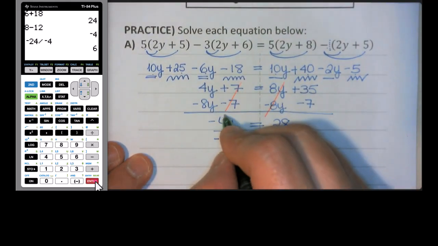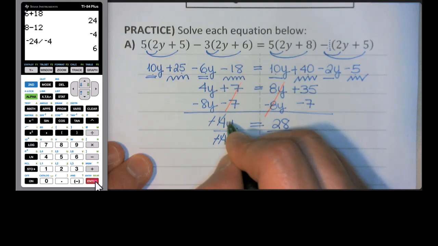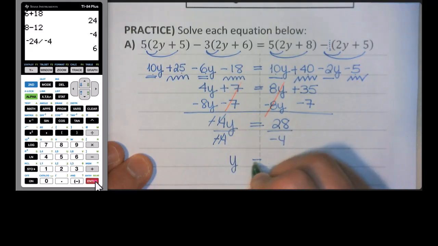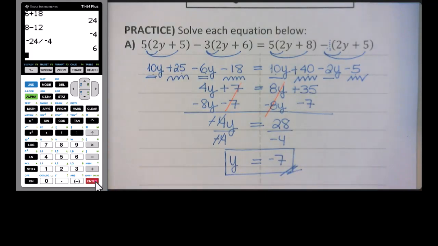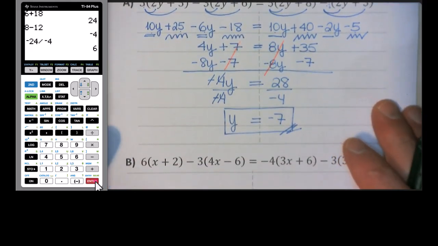And if you notice, the 4 cancels, the negative cancels, you're left with y. And 28 divided by negative 4 is negative 7. So that's my answer for this equation. Very good. Let's go on to the next example.